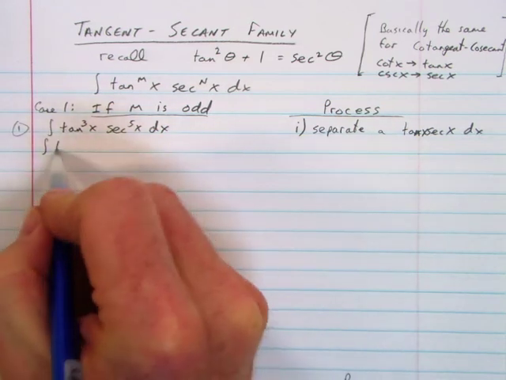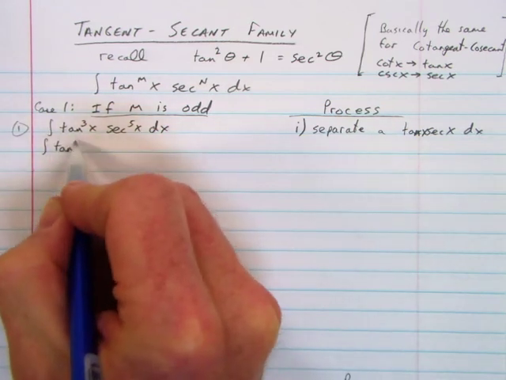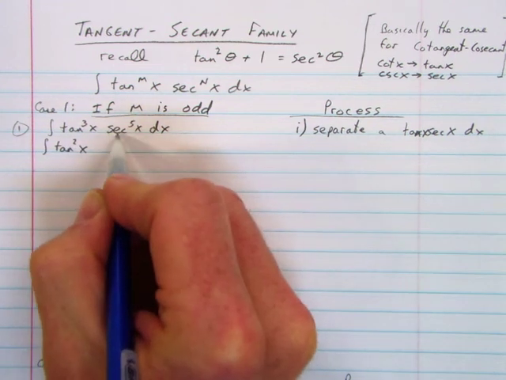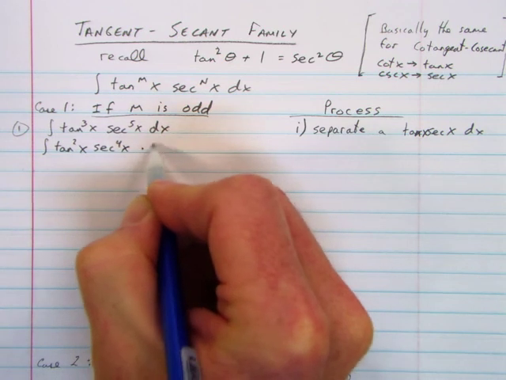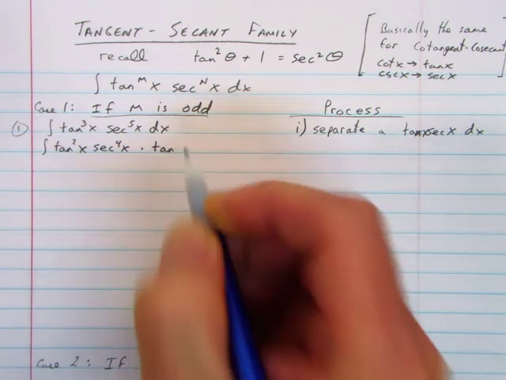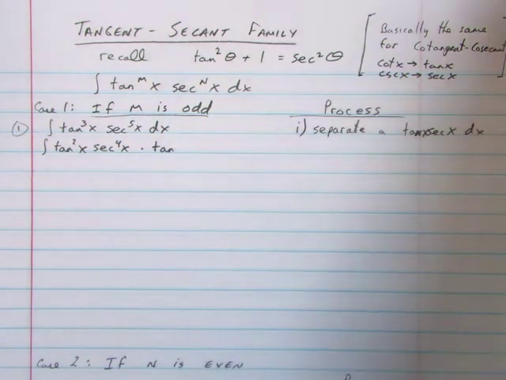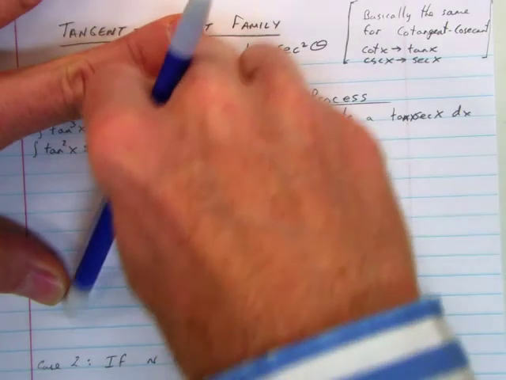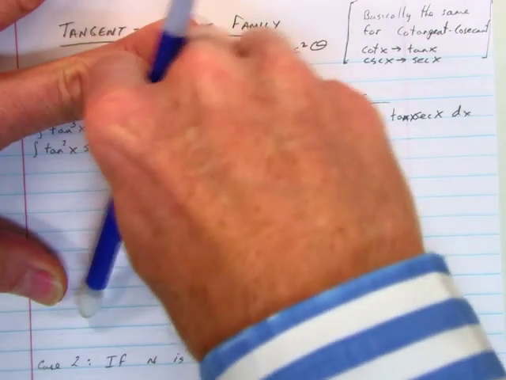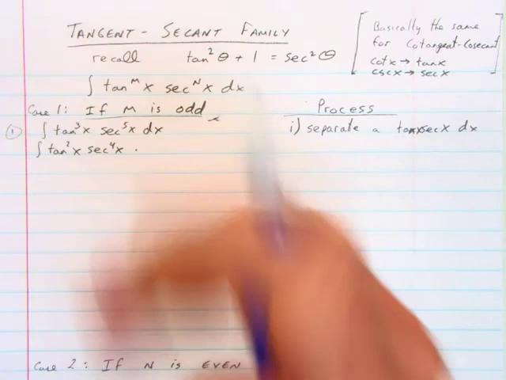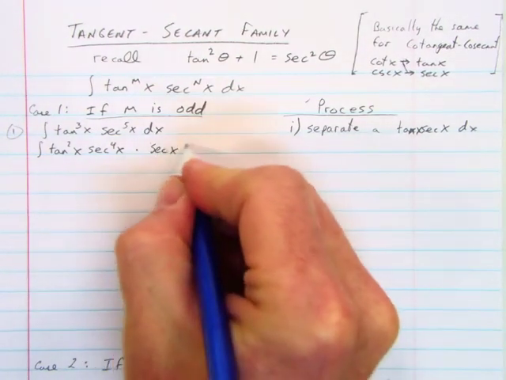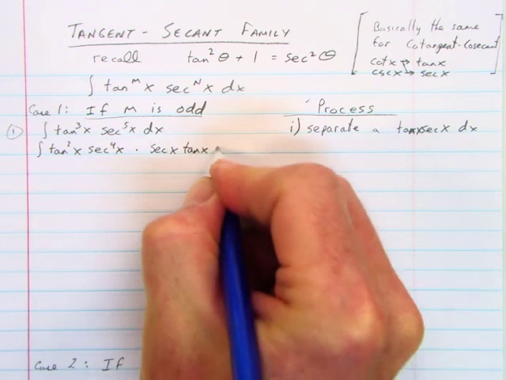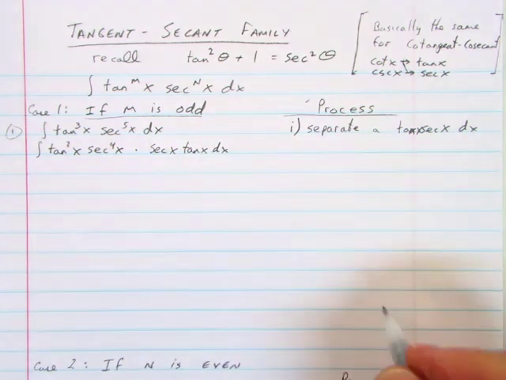So we will take one tangent out of there, we'll have 2 left, and we'll take one secant out of here, and we'll have 4 left, and we have tan x. In fact, let me write this as, just so it looks a little bit easier, secant x tangent x dx.